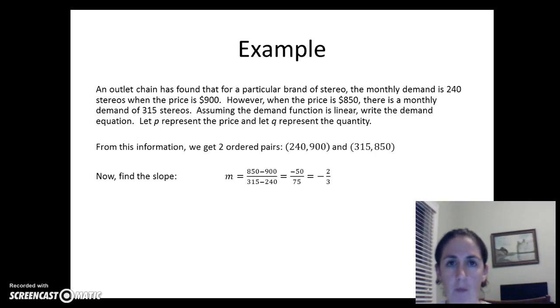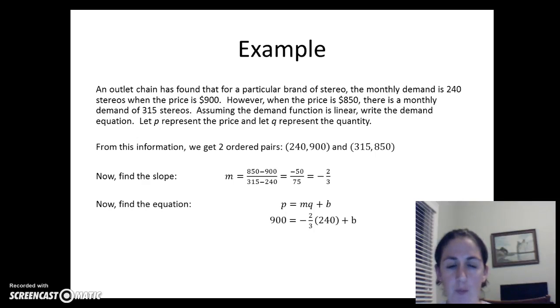First, we'll find the slope: the p from your second point minus the p from your first point over the q from your second point minus the q from your first point. So that gives us negative 50 over 75, which reduces to negative 2/3. So now we have a slope and two points. Well, the equation of our line, p equals mq plus b, we'll pick a point and our slope.